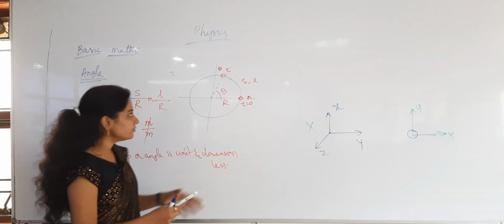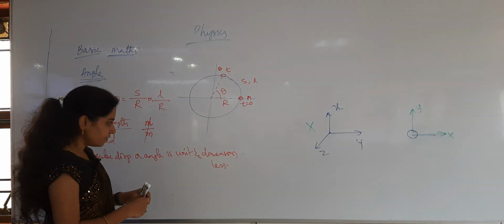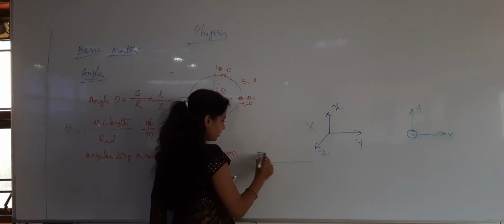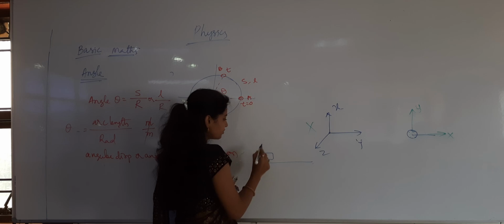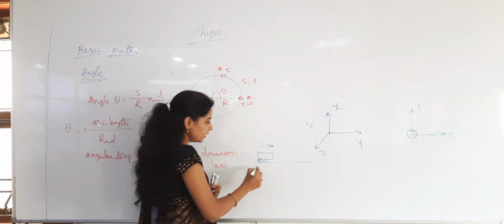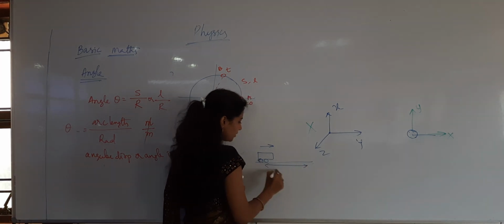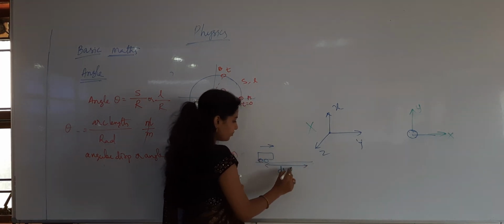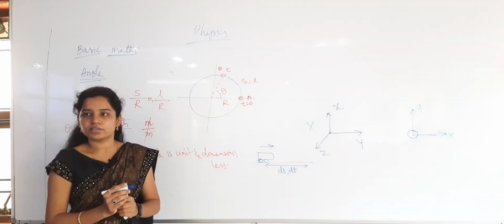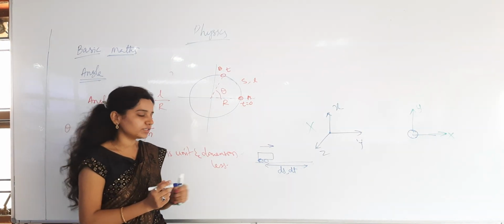Okay. Now, whenever I say linear motion, I take a straight line, and here a vehicle is moving in this direction. It is making some displacement ds in time dt. What is the direction of velocity? Direction of velocity of that vehicle is what?